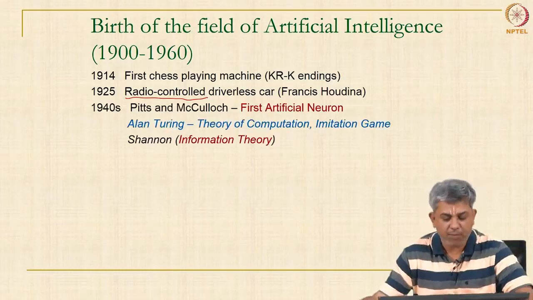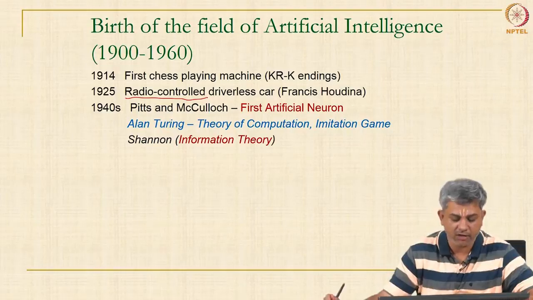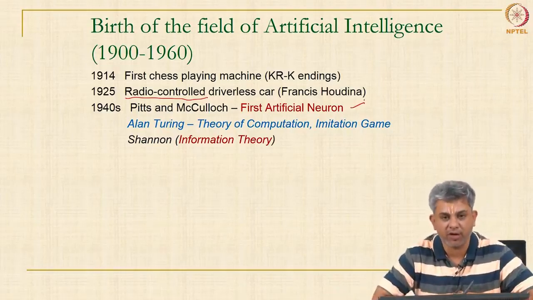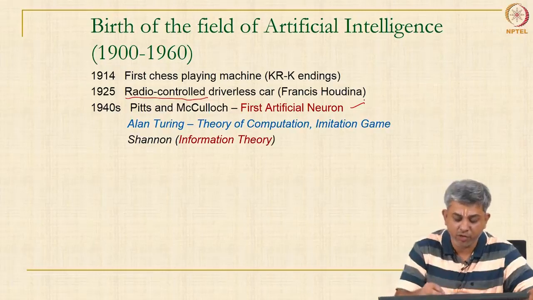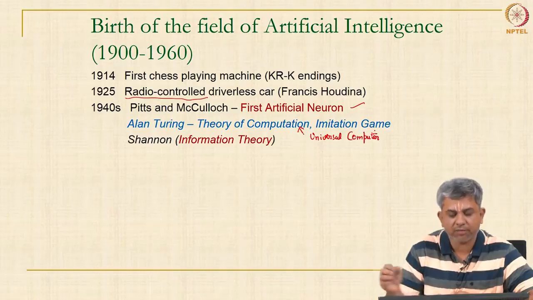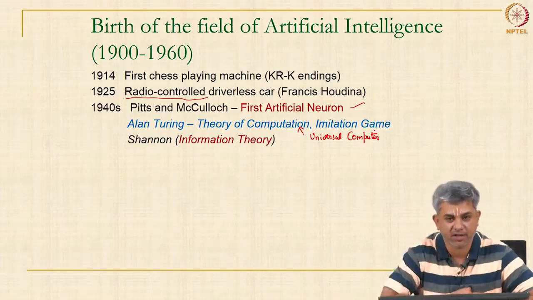Now the first theoretical progress happened in the 1940s. We had the first artificial neuron. We will see this when we come to neural networks. Turing also first proposed the theory of computation and the idea of a universal computer. The idea of a universal computer is the idea that one single computer can do all computable tasks.